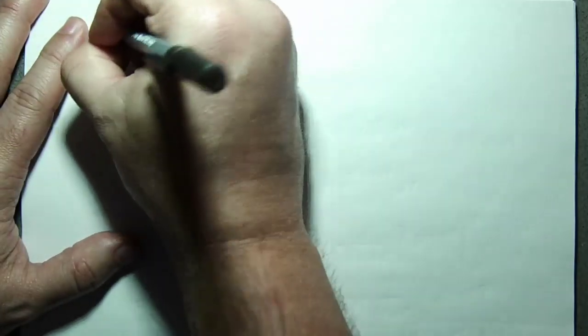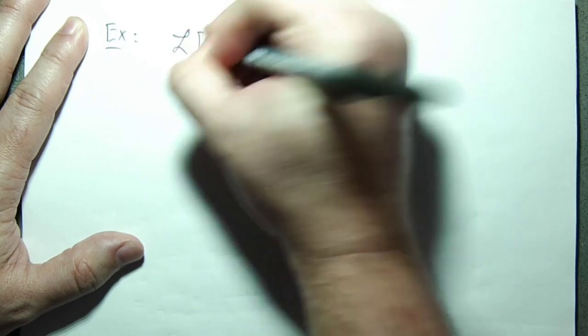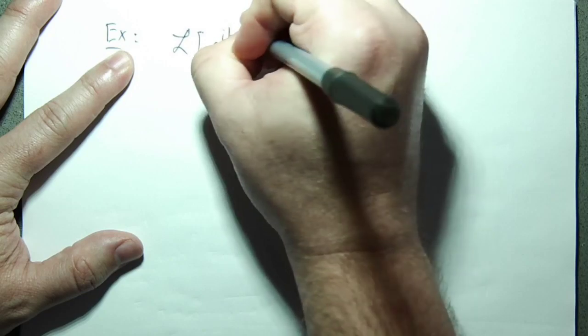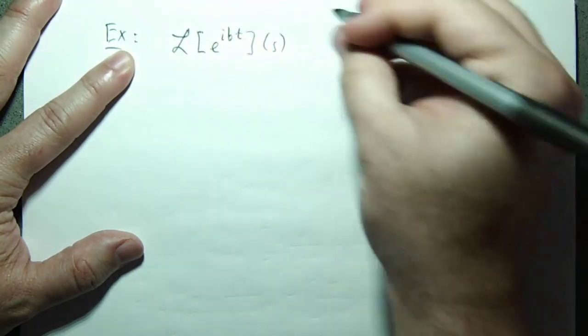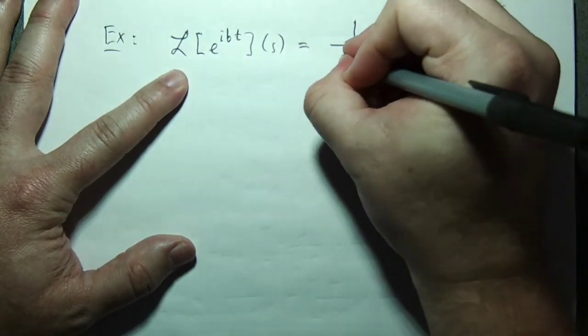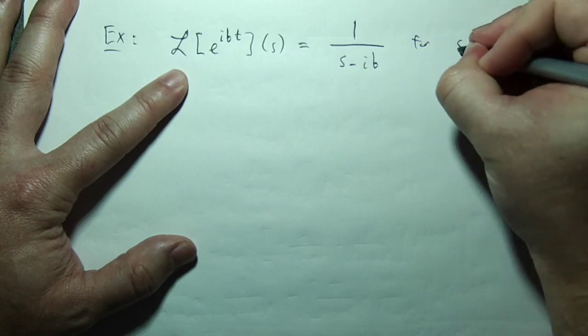Another quick example. I'm just going to state it. So the Laplace transform of e to the ibt of s is actually 1 over s minus ib for s positive.